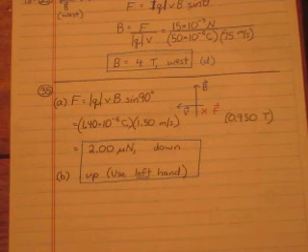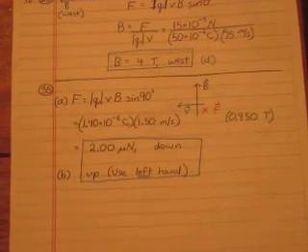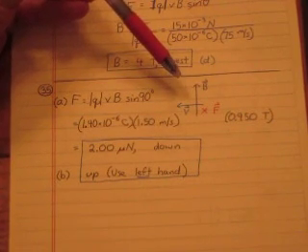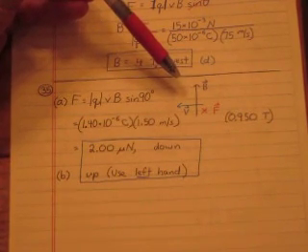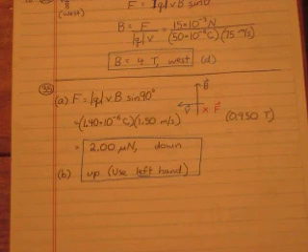Alright, so for part A, it's a positive charge moving westward. There's my velocity westward. Magnetic field north. We're going to use our right-hand rule for the positive charge. And you should get a force into the page, which is down.